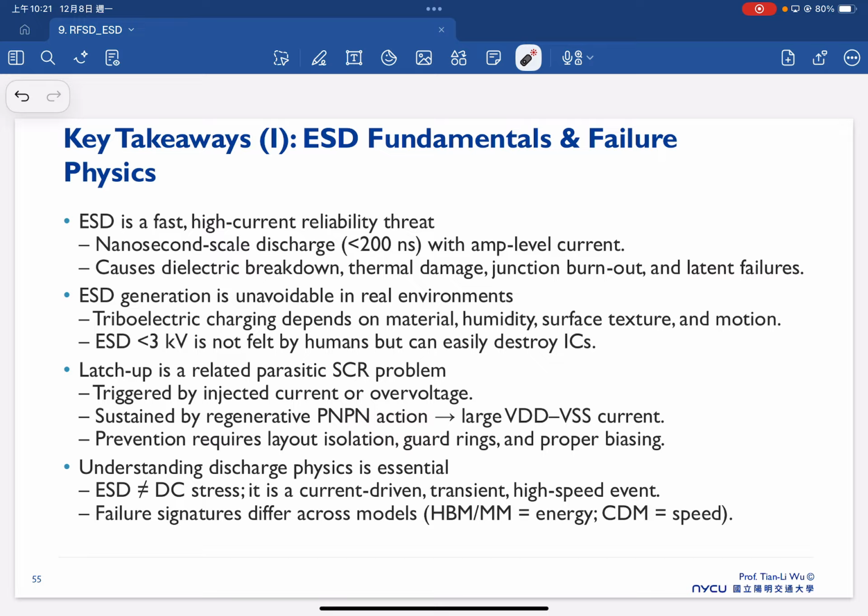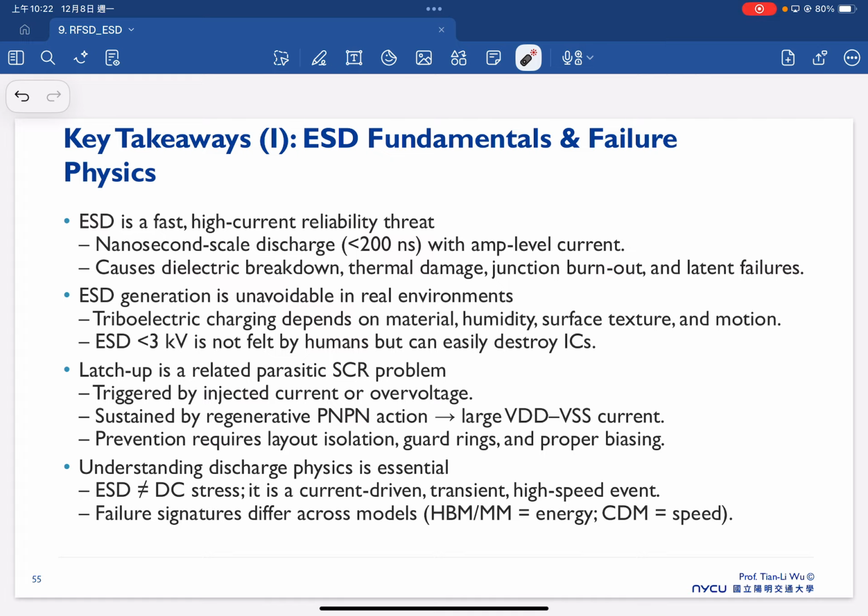The main reason that ESD causes issues is the electrical event due to the parasitic SCR problem. This is triggered by high current or high voltage, and we have the regenerative PNPN action, which in the end causes a very large current.